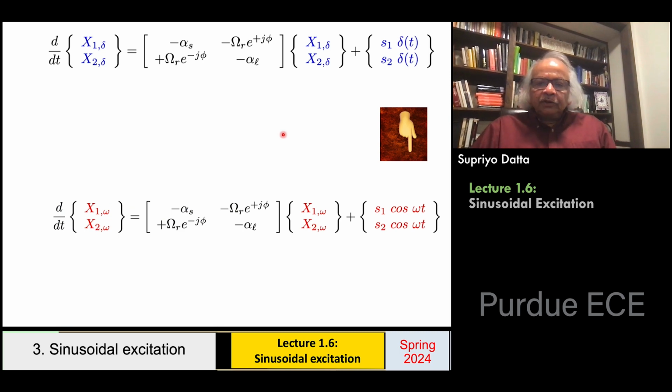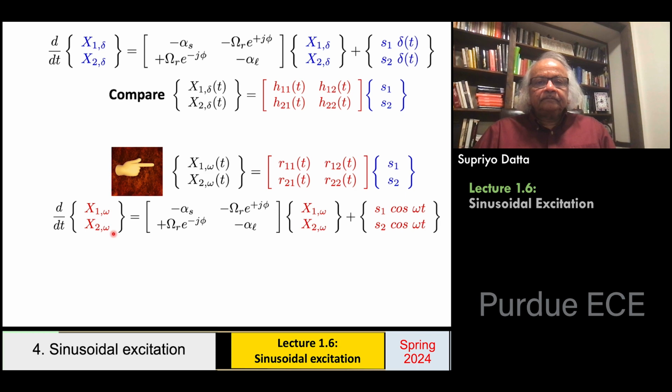Now, what we want to do in this lecture is talk about sinusoidal excitation. So the source term, instead of looking like a number times a delta function, we now have a number times a cosine function with some source frequency omega. The response is now what we're writing as x1 omega and x2 omega.